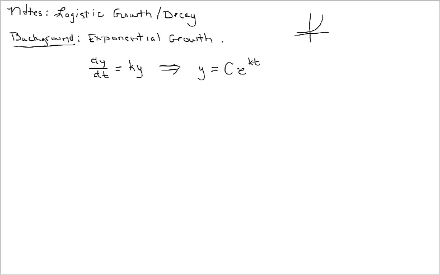Out in the wild, the environment would likely only sustain so many coyotes, and with predator-prey situations, they aren't going to increase without bound. Exponential growth would not be a good representation of coyote growth, because they wouldn't grow without bound. So in situations where we have a leveling off of our population, we're talking about a logistic growth situation.